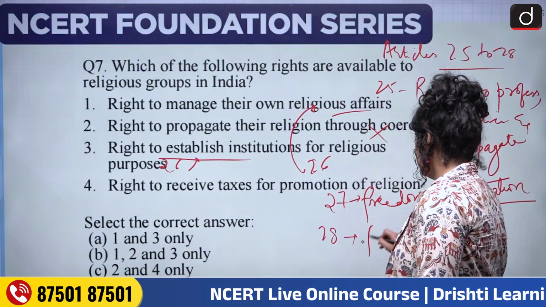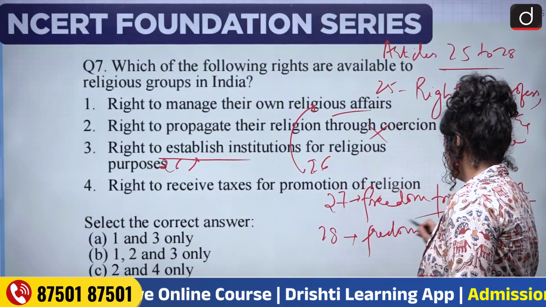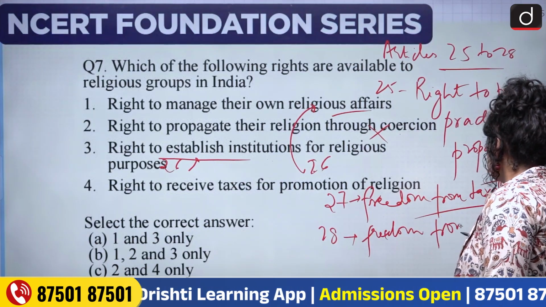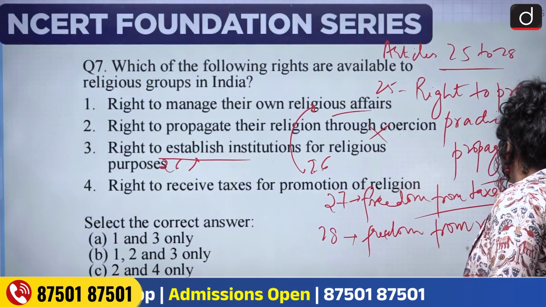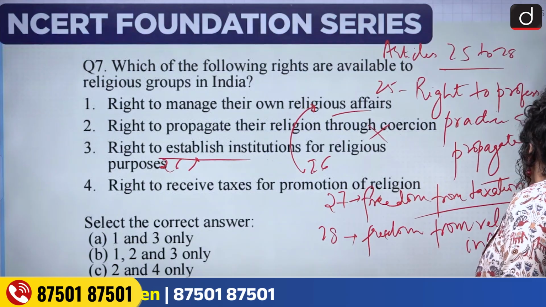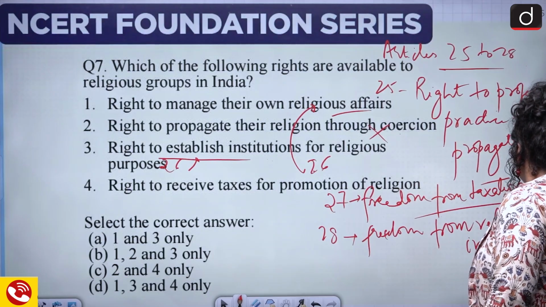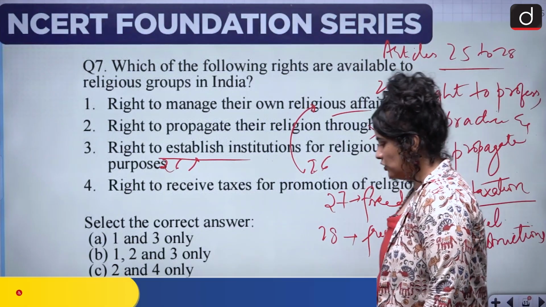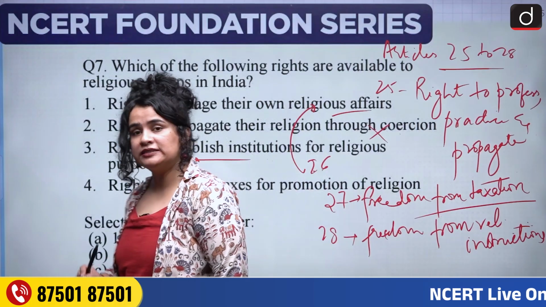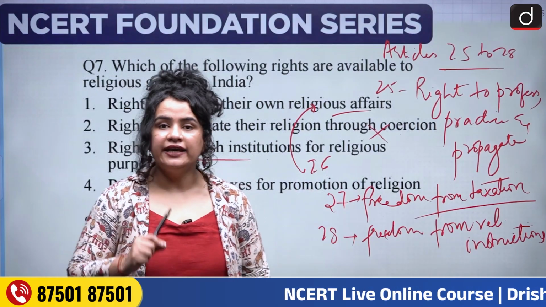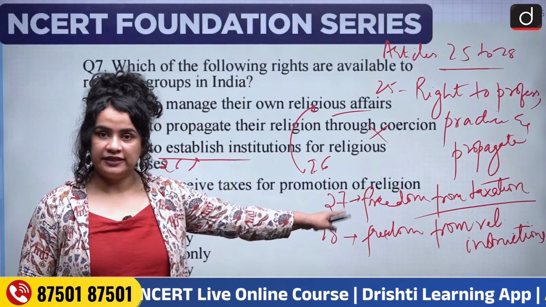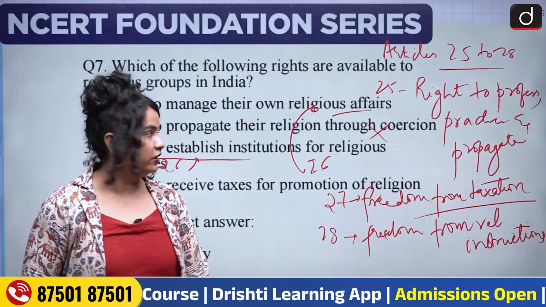And finally, freedom from religious instruction in educational institutions. Okay. This is your article 28. So, at least in a state-sponsored educational institution, I cannot be compelled to attend religious instruction. All right.